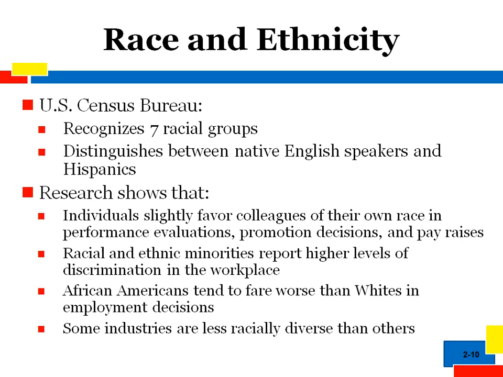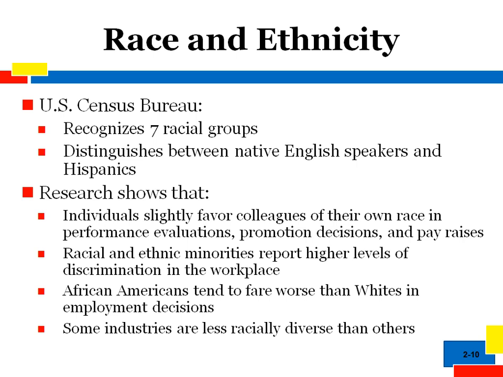So basically, the U.S. Census Bureau will recognize at least 7 racial groups and distinguish between English speakers and Hispanics. Now, this research has shown that there is discrimination where people favor their own race in the job situation, and that there are higher levels of discrimination for ethnic minorities in the workplace. There's no denying that.